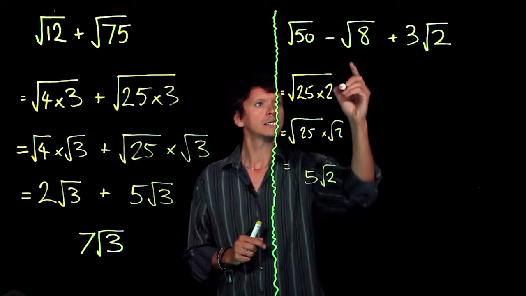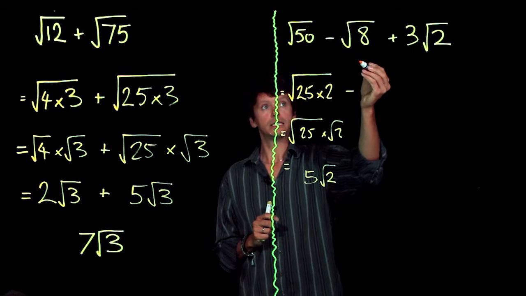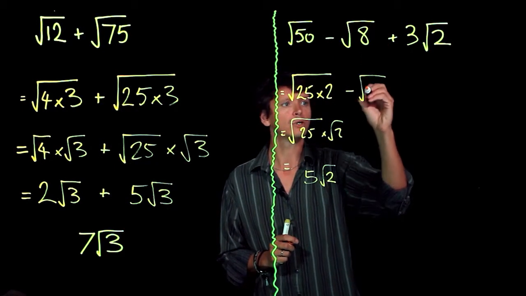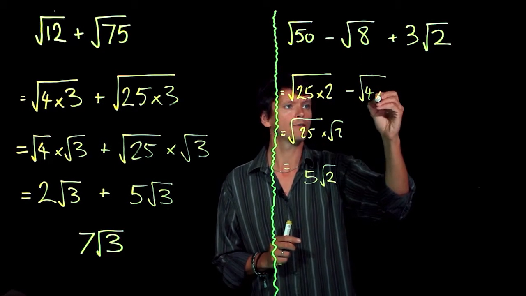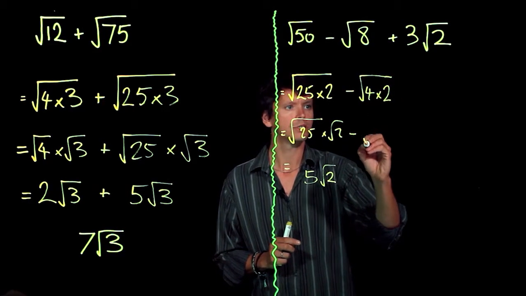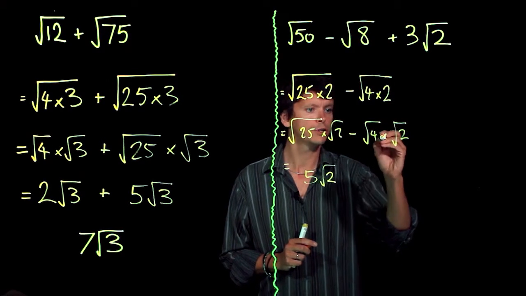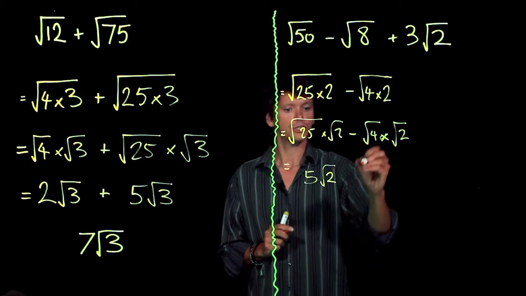Okay, let's deal with our root 8 now. Root 8, well, that is 2 times 4. So if we have the square root of, I'm going to write the square number first, 4 times 2, which is the square root of 4 times the square root of 2, which is 2 root 2.